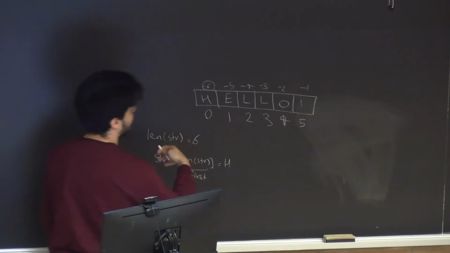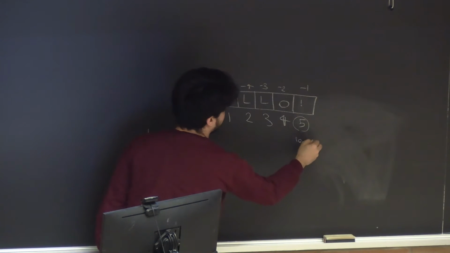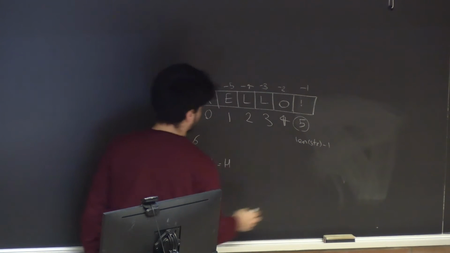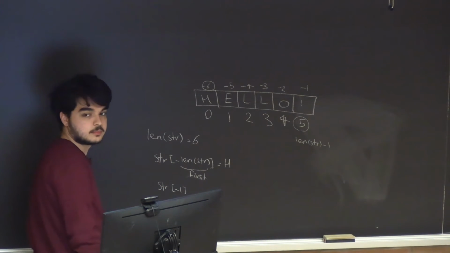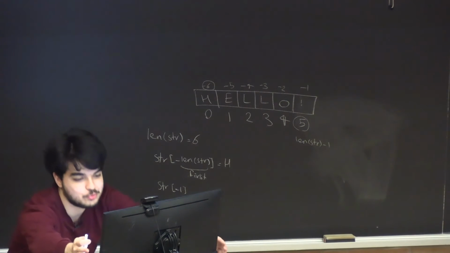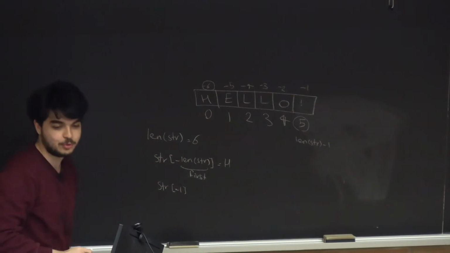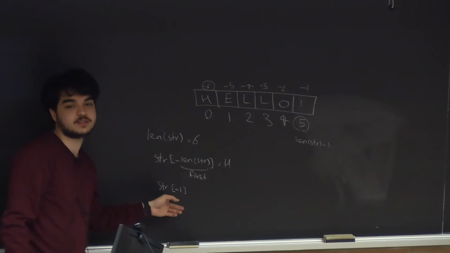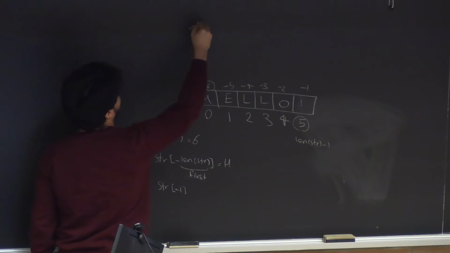And if you want to go from the opposite way, you're going to see that this is equal to the length of string -1. So if you want to find the last element, you can either say a string -1, which will give you the last one, or you can say a string.